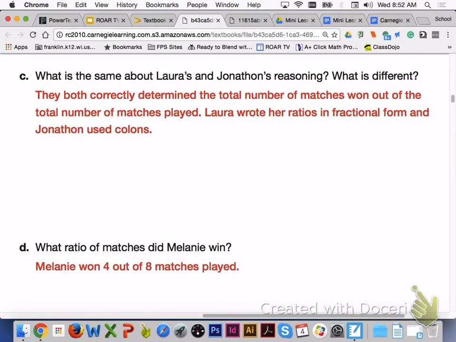For letter C, Laura and Jonathan both correctly determined the total number of matches won out of the total number of matches played. What is different is that Laura wrote her ratios in fraction form and Jonathan used colon form. And finally, for letter D, Melanie won 4 out of the 8 matches that she played.